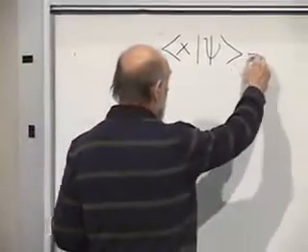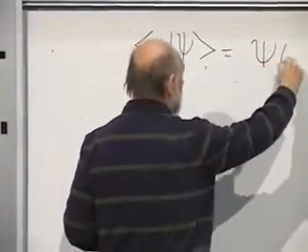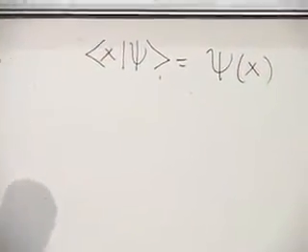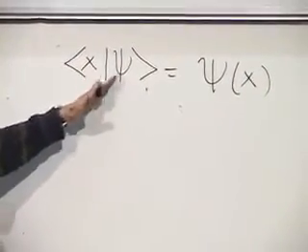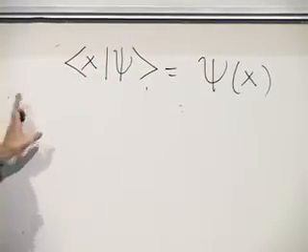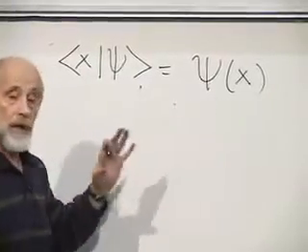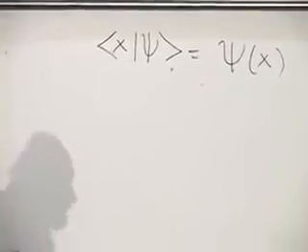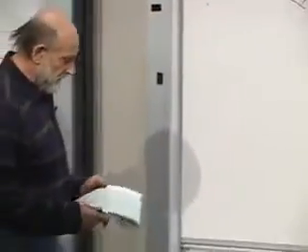This is called psi of x. According to the postulates of quantum mechanics, the product of this with its complex conjugate, psi star psi, is the probability to find the particle at x, or the probability density to be precise.